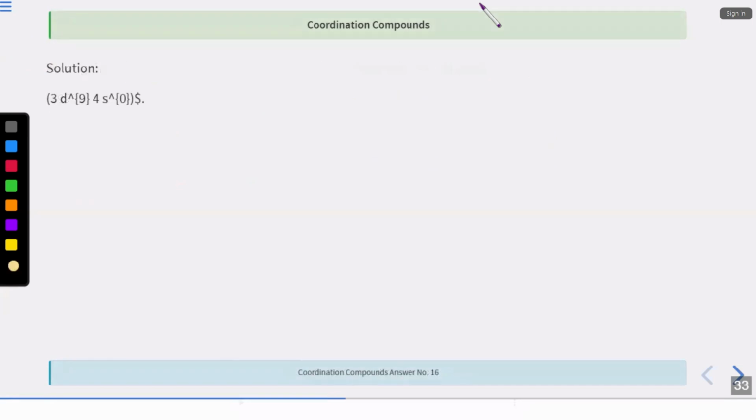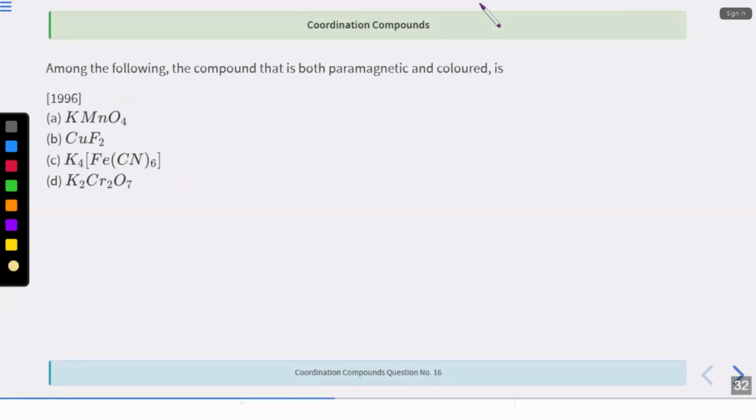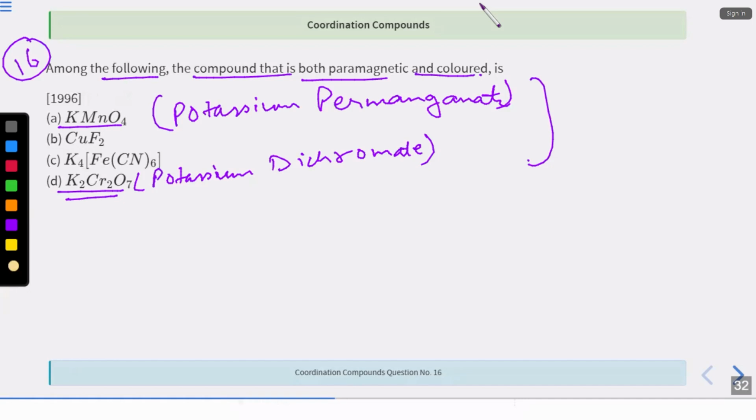So the right option would be which of the following compounds is both paramagnetic and colored?